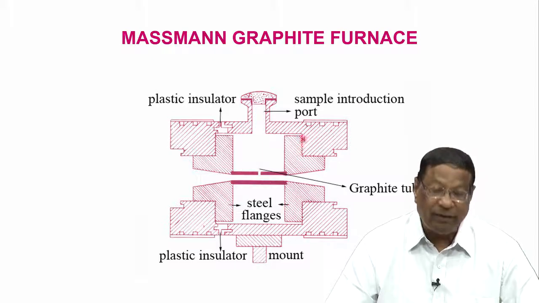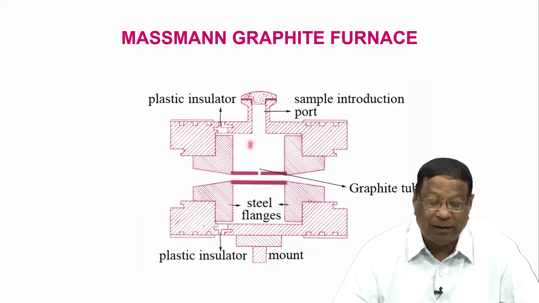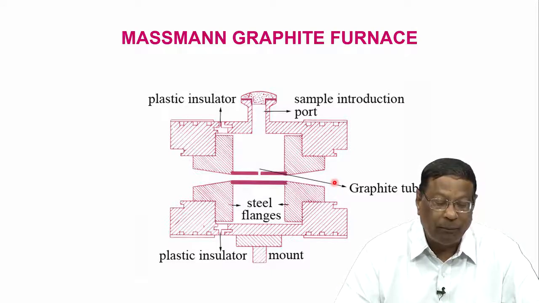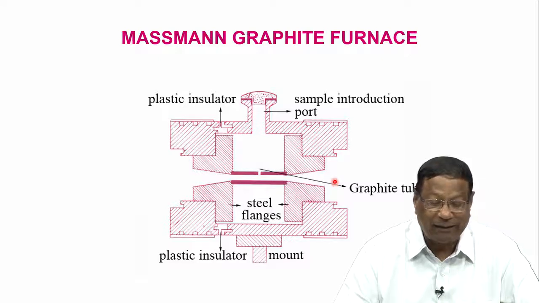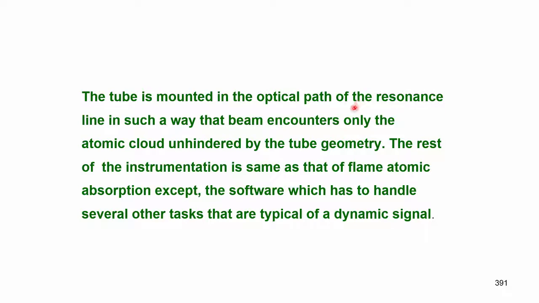So, this design, 99% of the atomic absorption spectrometers are employing nowadays, and it is good for routine analysis. So, the tube is mounted in the optical path of the resonance line in such a way that the beam encounters only the atomic cloud unhindered by the tube geometry, because it is open at both ends.